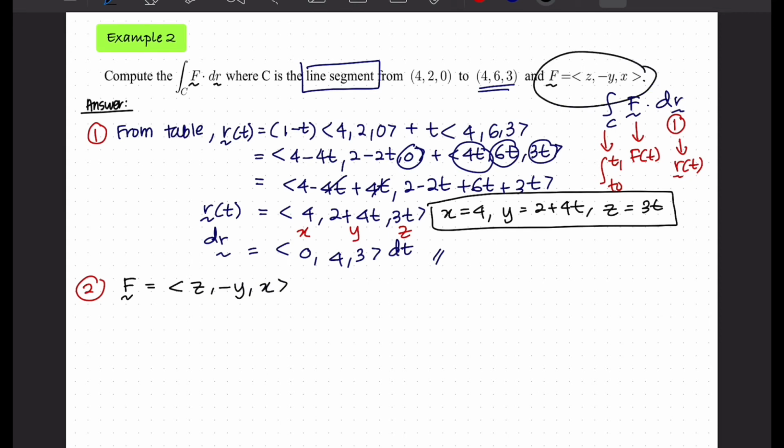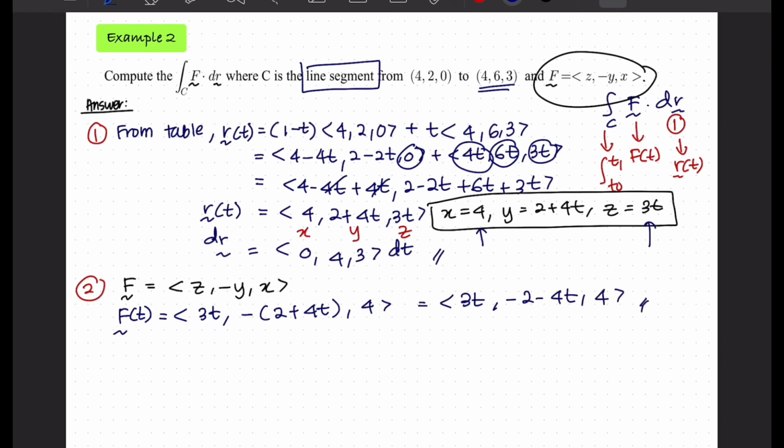Using these values, z equals 3t, negative y is negative (2 plus 4t), and x is 4. Then simplify. This is F(t).